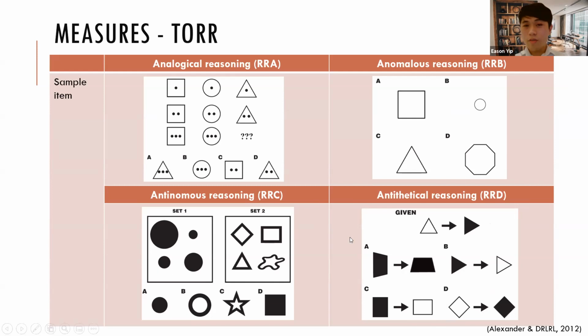So at first, before the actual study, my hypothesis was that RRD would be the most predictive one, but in turn, it turns out to be the only one that is not predictive of the future arithmetic computation.